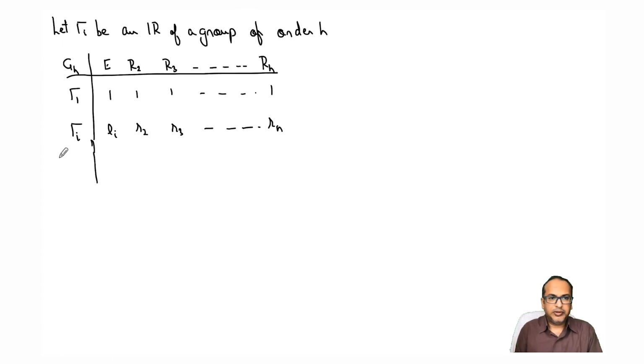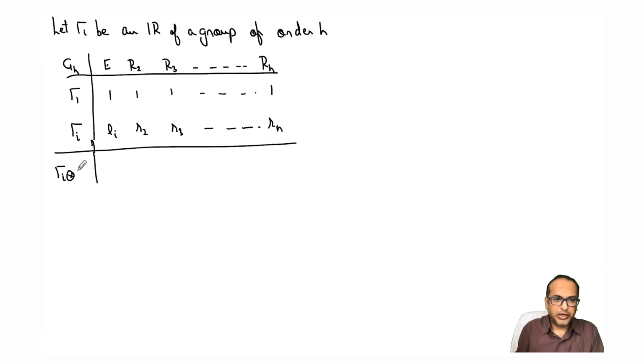Now, if I do a direct product of tau I into tau I, what do I get? I get Li square, then I get R2 square, R3 square, Rh square, right?